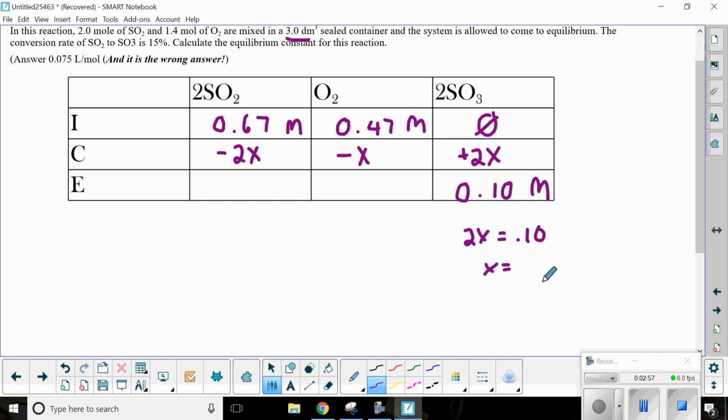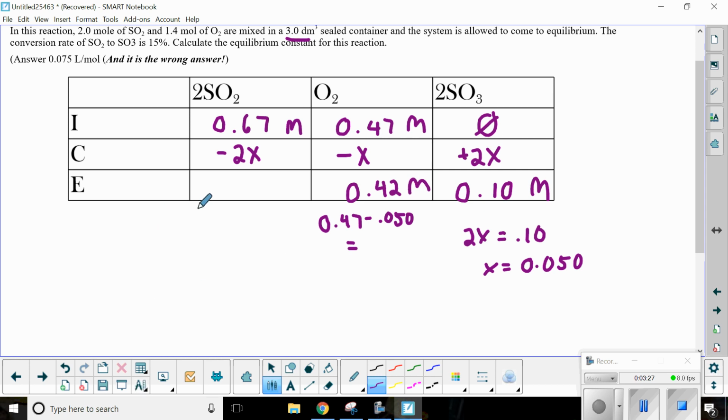So essentially dividing that in half, I'm going to get 0.050 for my change. So if I'm going down here, this will be 0.47 minus 0.050. I will find that my new value here is going to be 0.42 moles per liter.